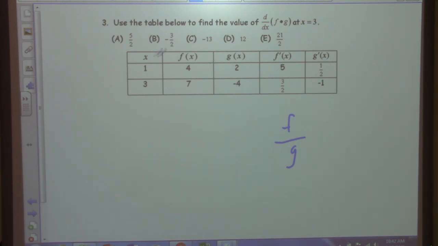And then you could find out what that is. Find the derivative of F over G. Find that from here. I don't think it's going to be a multiple choice answer. See if you can find that at x equals 3.